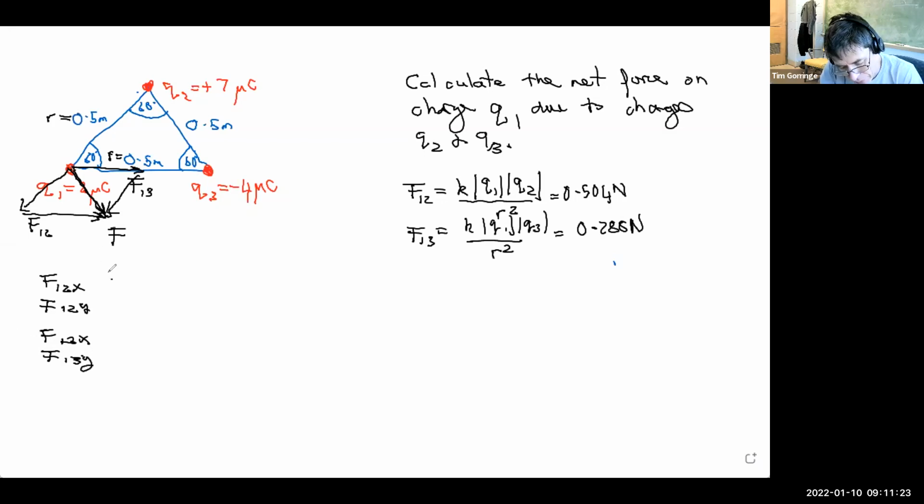And so I'm breaking up the two forces into their x and y, horizontal and vertical components. So we're going to do that. The way I would do that is to picture on the diagram their horizontal and vertical components.